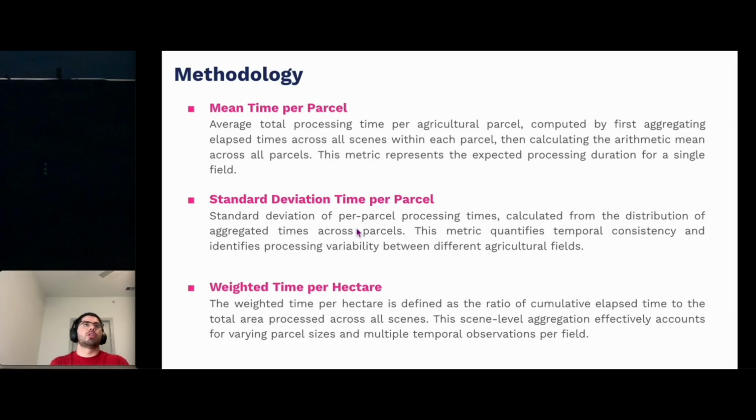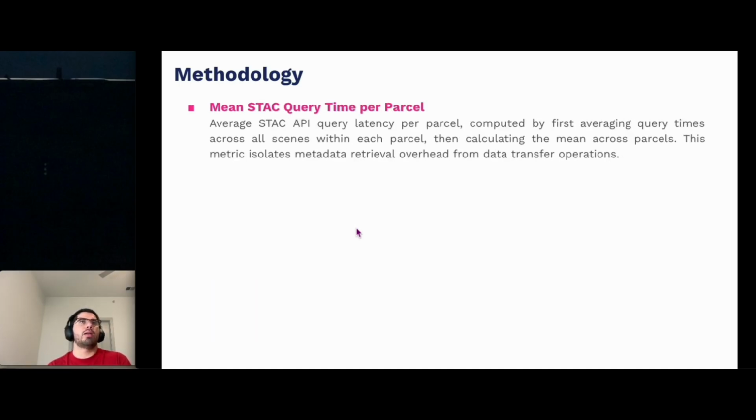We also measure the mean time per parcel, the average total processing time per agricultural parcel, the standard deviation of time per parcel, and the waiting time per hectare. And finally, the mean stack query time per parcel.